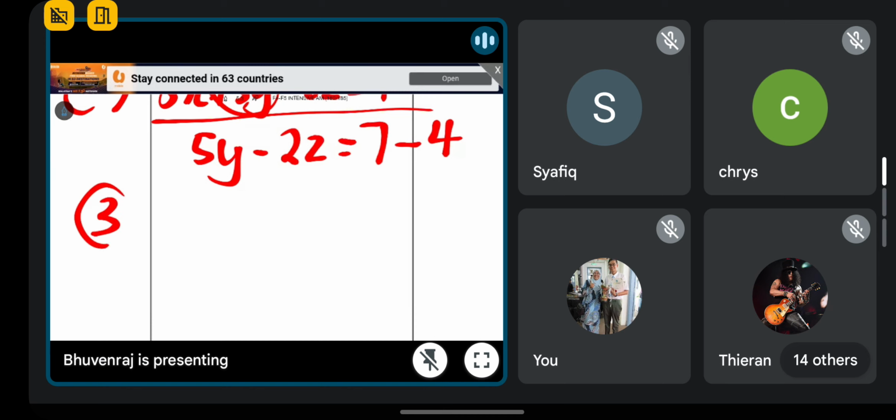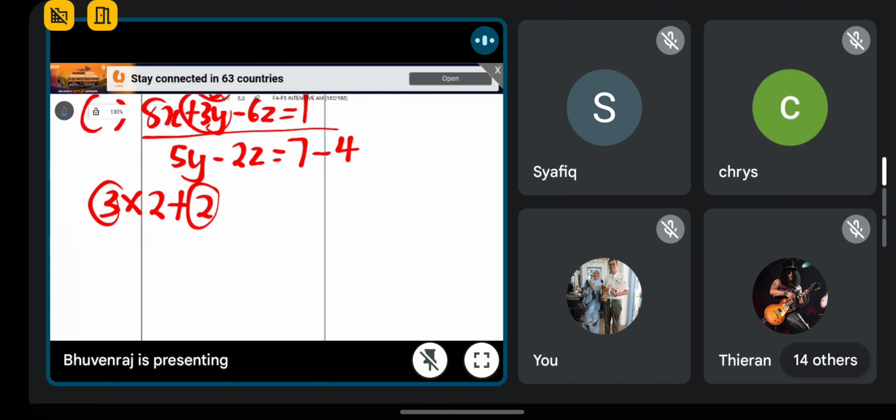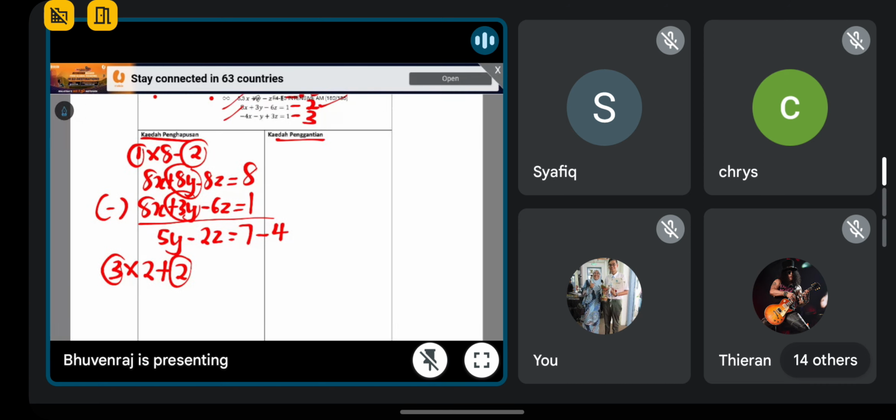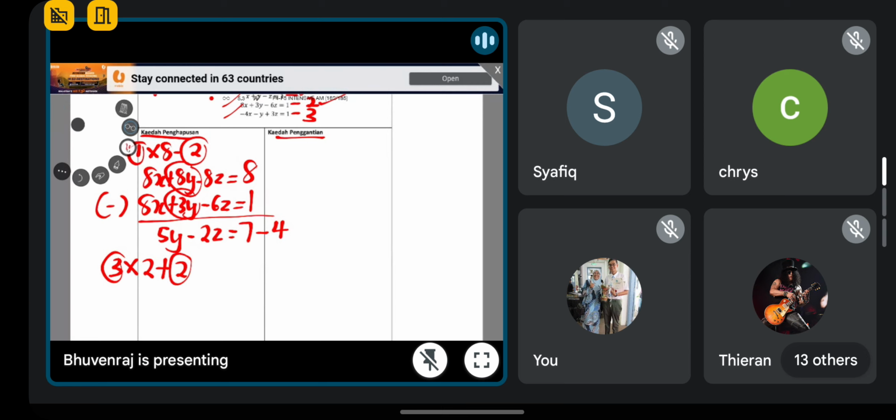Saya akan buat langkah macam ni. Persamaan ketiga darab dengan 2. Lepas tu tambah dengan persamaan kedua. Add with the second equation. Okay. Kalau kamu lihat atas, you can see if number 3 I times by 2, what will I get? Apa saya akan dapat?